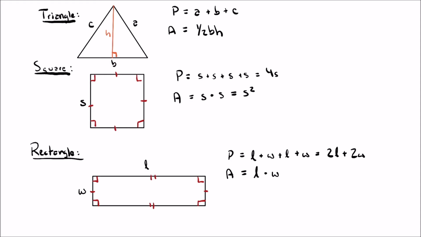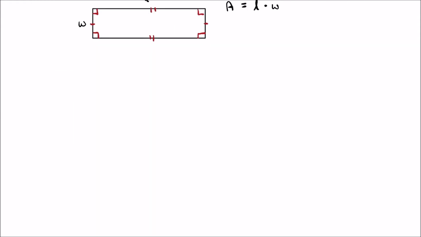And the reason why I'm reminding you of this is because I want to take these polygons and translate them into the coordinate plane, and then find the perimeter and the area using the distance formula to find these special properties of these figures. So let's find the perimeter of triangle ABC.